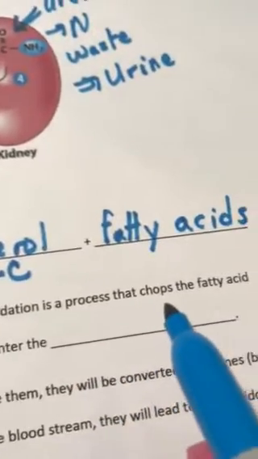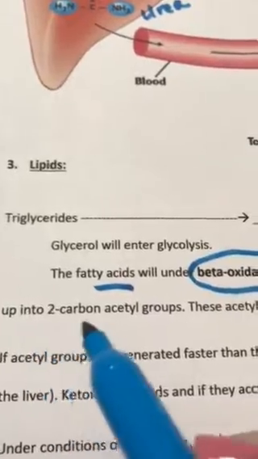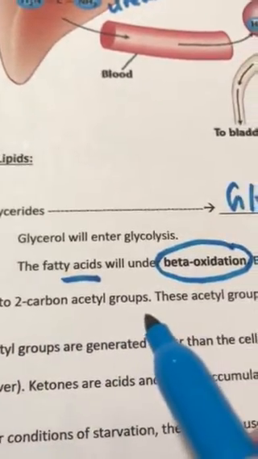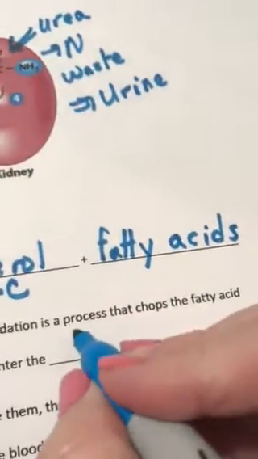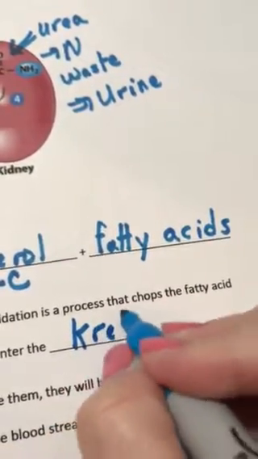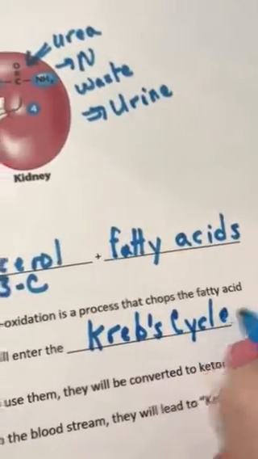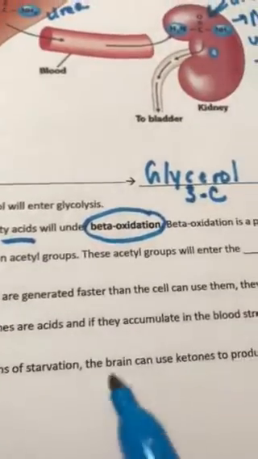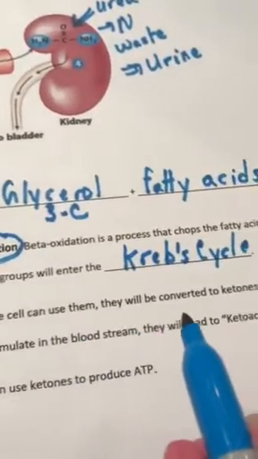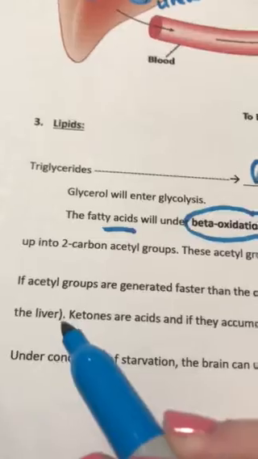Beta-oxidation is a process that chops the fatty acids up into 2 carbon acetyl groups. These acetyl groups will enter the Krebs cycle, or citric acid cycle. If acetyl groups are generated faster than the cell can use them, they will be converted to ketones by the liver.